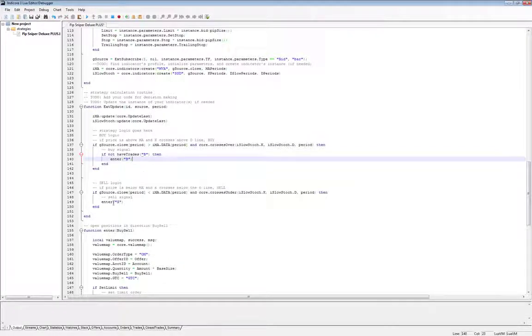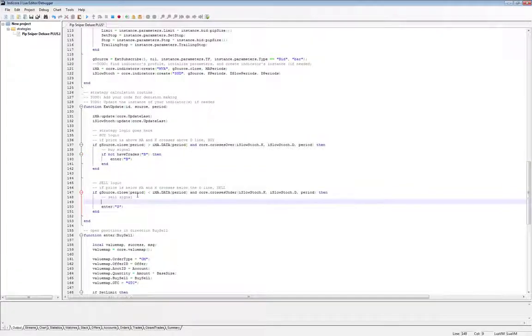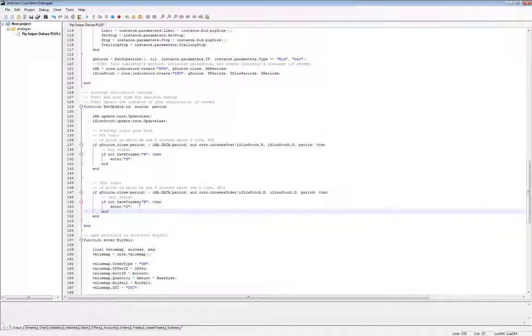And we can do the same thing for our sell signals. So if we don't have any sell trades, then we can place a sell trade. This will make sure we will only have one buy trade or one sell trade open at any given time. So let's save this strategy, and let's replace the strategy that's running inside simulation mode.